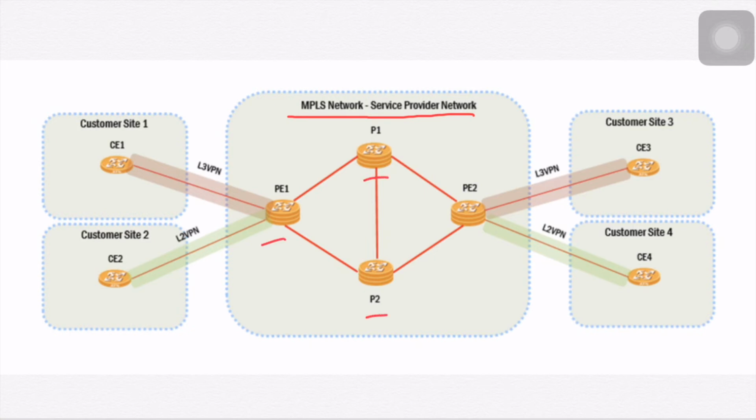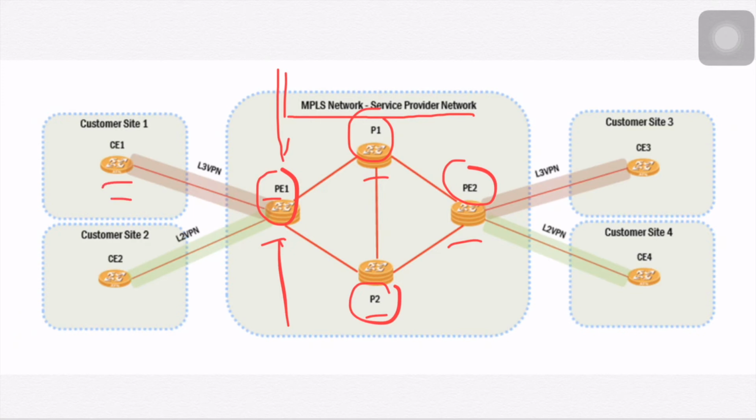These routers are known as MPLS routers: PE1, P1, P2, and PE2. PE means provider edge router. The provider edge router is at the edge of the MPLS network, and it connects the customer sites to the MPLS network.